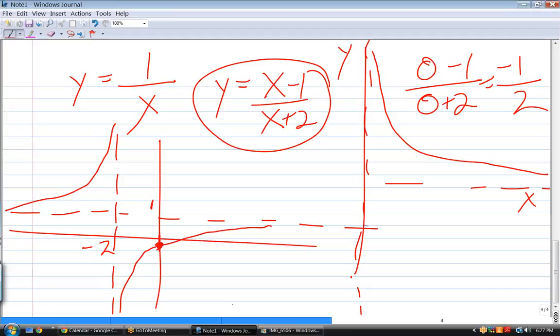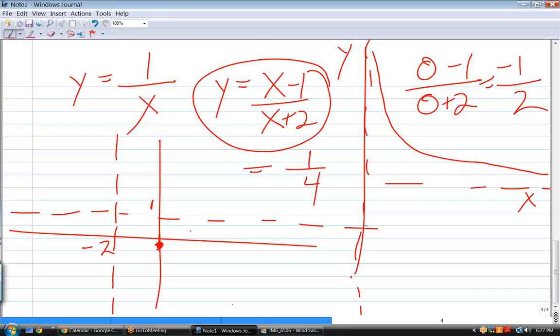Okay. And I could have plugged in anything you want for x. I could have plugged in x equal 1. I could have plugged in x equal 3. The only thing I couldn't plug in for x would be x equal -2. But anything will answer the question as to which two quadrants I'm in. If I plug in 2 for x, I get 1/4.